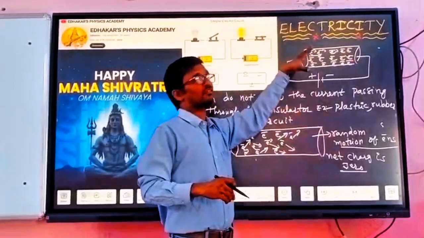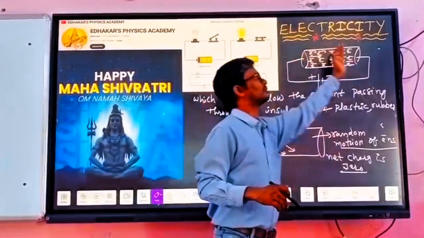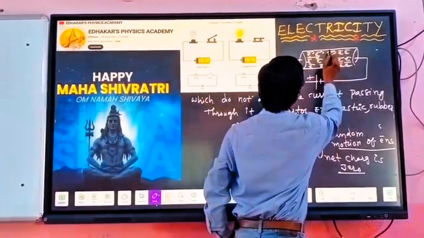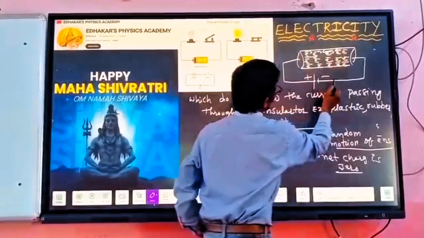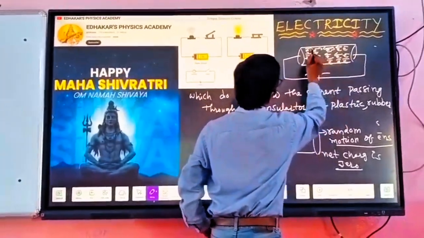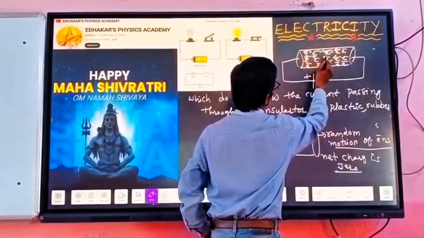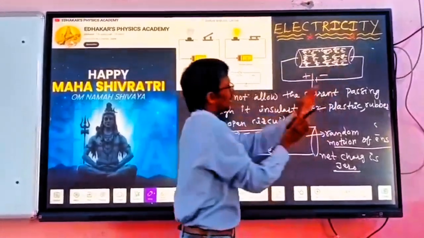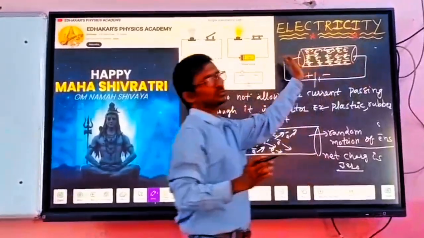Due to this force, electrons are pushed forward, moving from the negative terminal to the positive terminal.